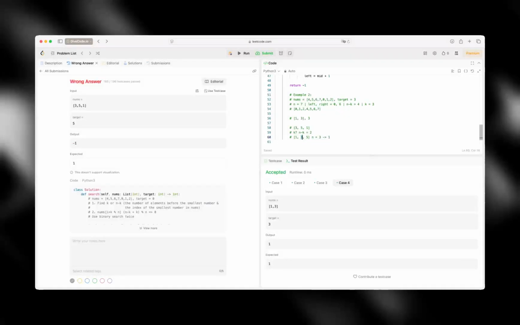So left becomes, because this one is not working, we increment, so this one. So left is becoming mid plus 1, which is equal to, I just want to print out real mid with this test case that is 1.